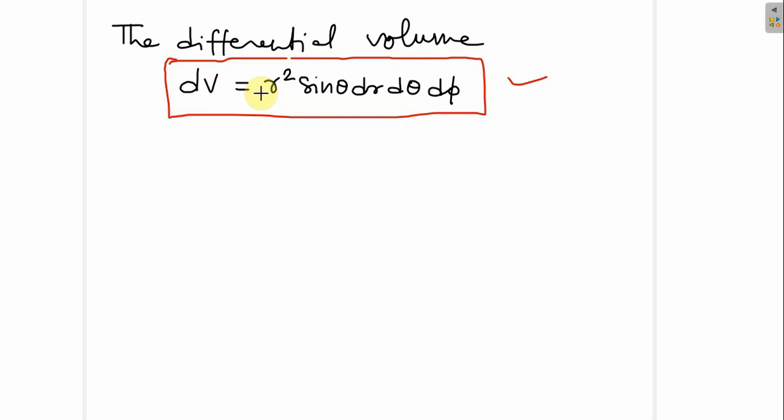Fine. So further we have to see the del operators. The del operator is represented by an inverted triangle.